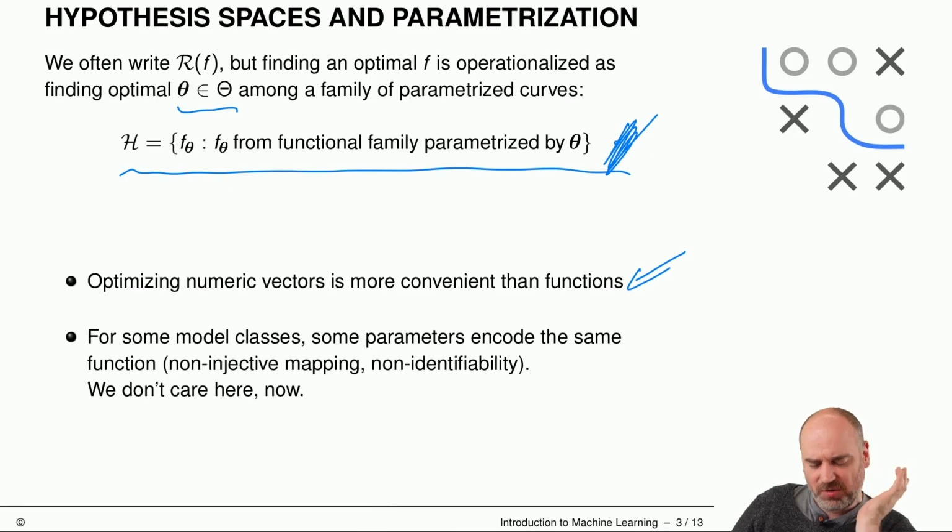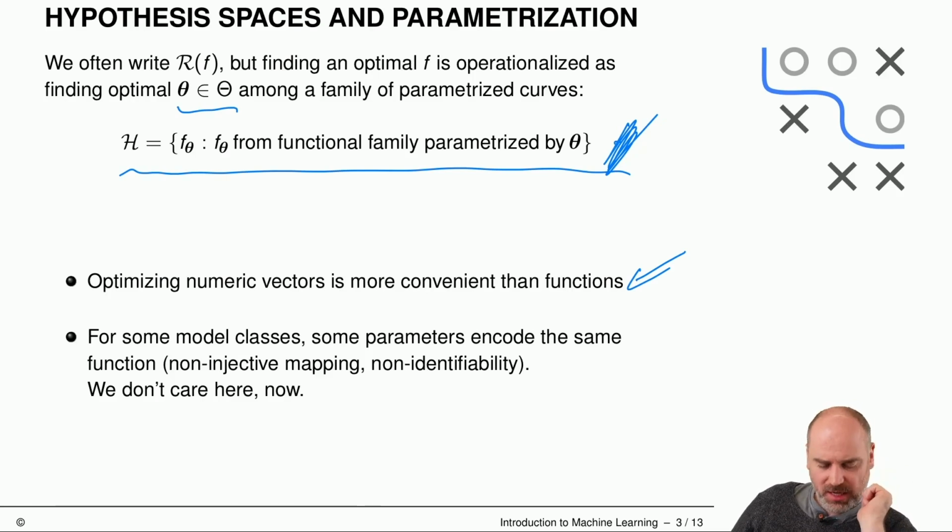But in general, we want to operate on vectors, preferably numerical vectors, because we want to do things like gradient descent. Applying numerical optimization to the ERM problem is a concrete way of implementing what we mean by learning on empirical data. So it's operationalizing machine learning.